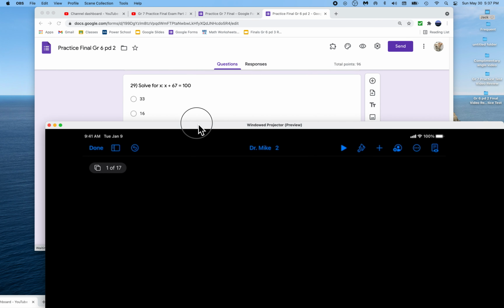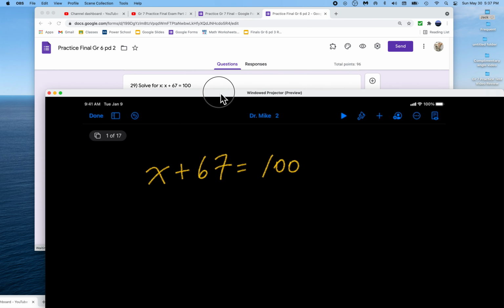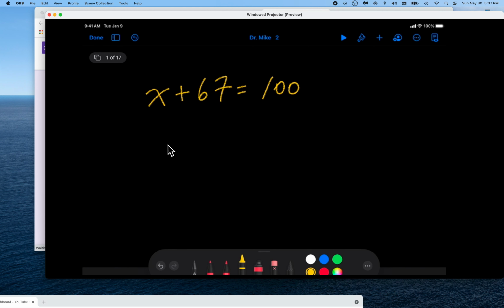Solve for x. Okay. We have x plus 67 equals 100. Our goal is to solve for x. Whenever you see those words, solve for x, that means we have to get x by its lonesome. In other words, we have to get something like this: x equals something.